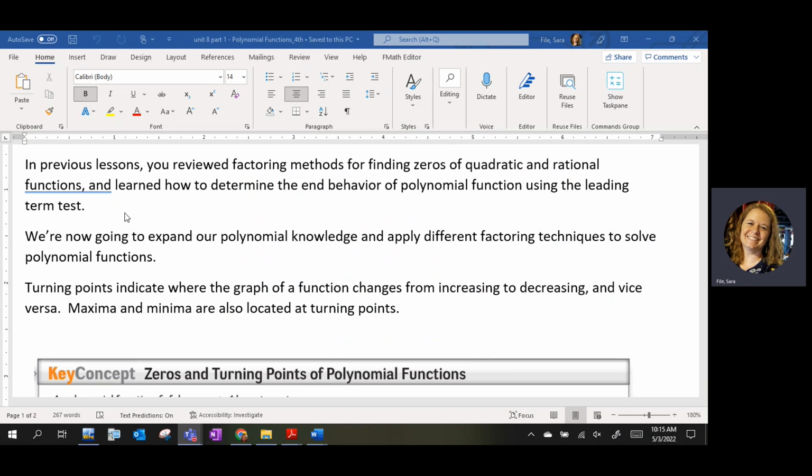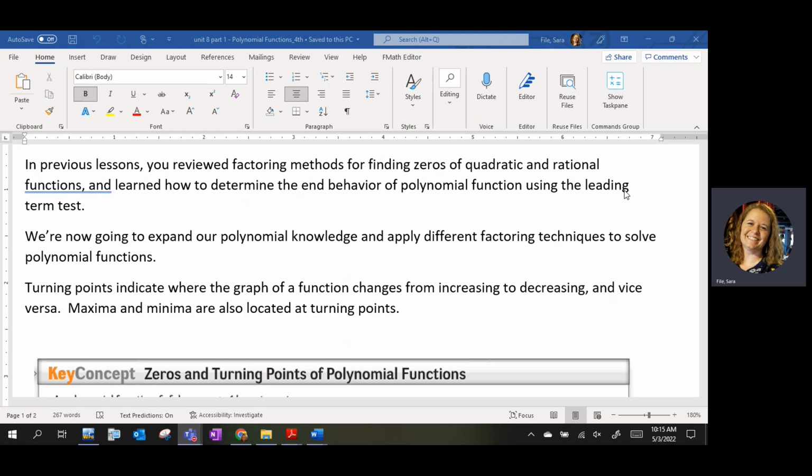We have talked about factoring methods. That's what I just pointed out. And we've talked about polynomial functions. We've talked about their end behavior. We did that in limit form just in this past unit, Unit 7, when we talked about the limit as x approaches infinity, the limit as x approaches negative infinity and stuff. What the graph was doing. Was it rising or falling on the left and the right?